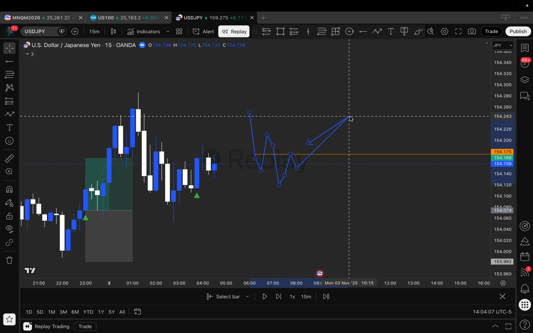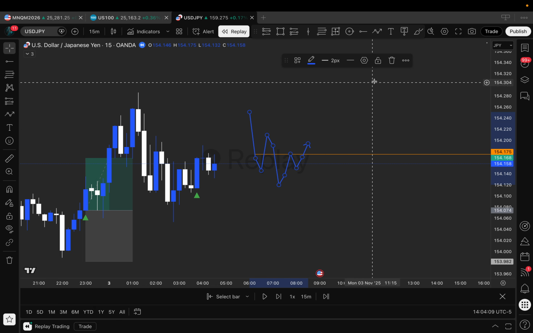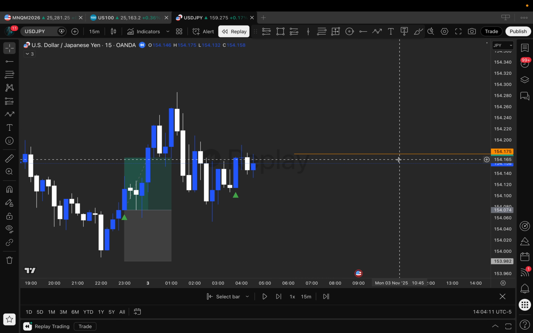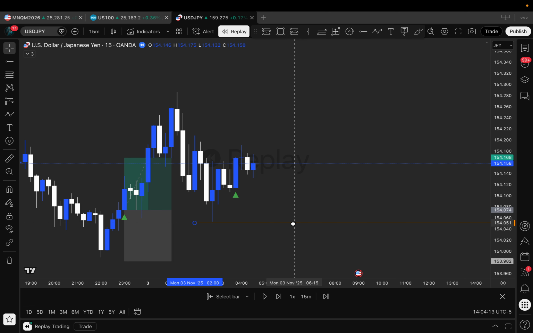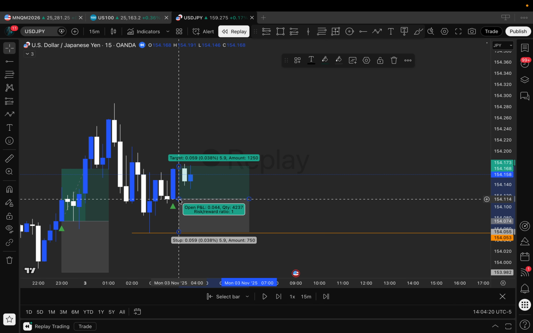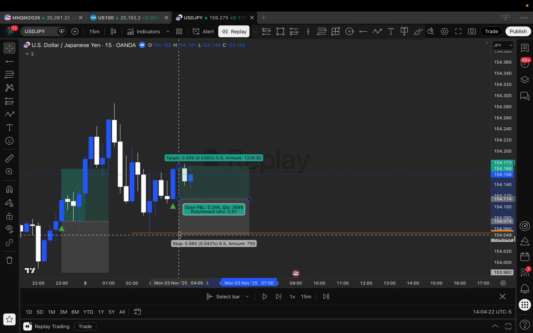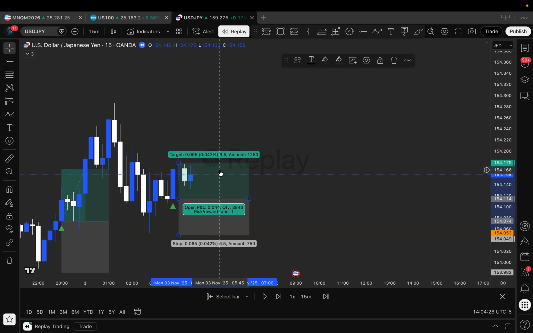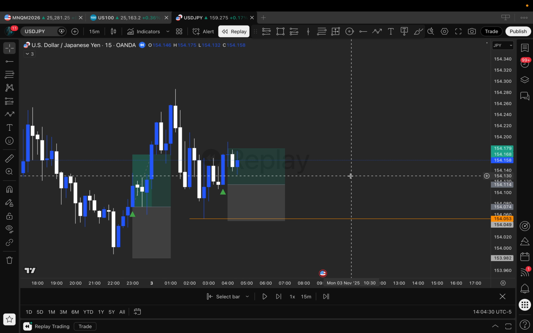We can go trading this thing. Let's go. So this is a valid low here, and we put our stop loss here, a limit order here, and 6.5, 6.5. Let's go.